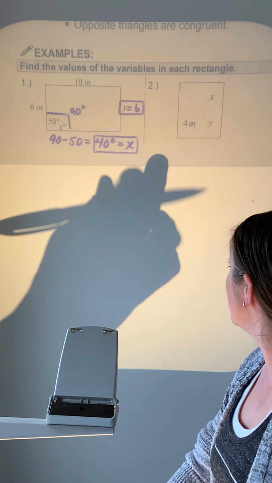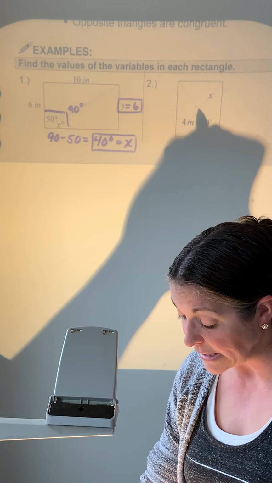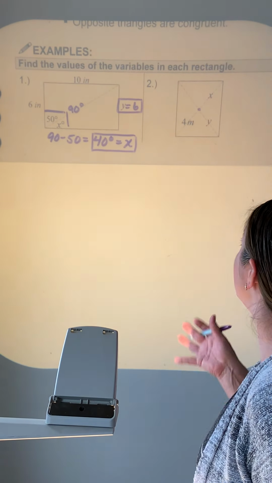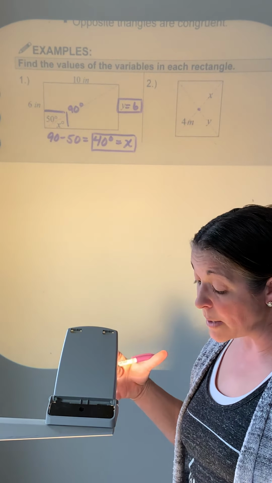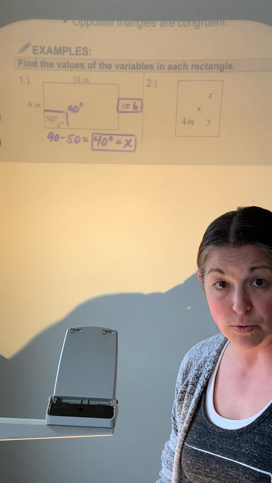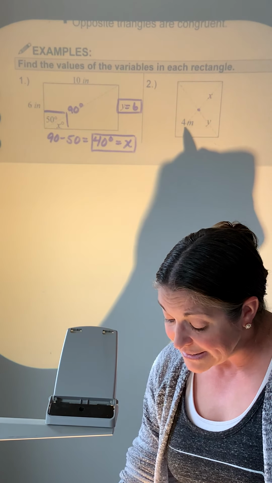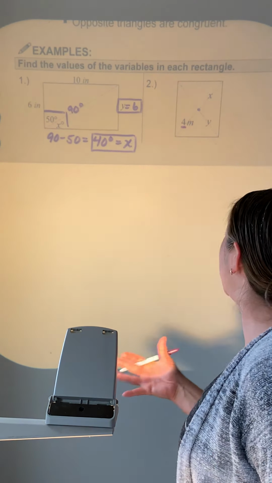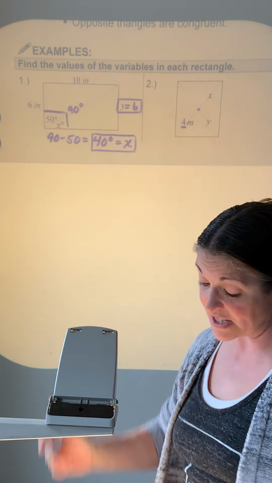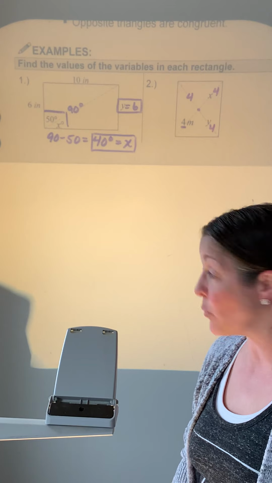And number 2, notice that we've got 2 diagonals here, crisscrossing right here in the middle. Just like we drew in the rectangle up top, I know that these diagonals are going to be congruent. And because the diagonals bisect each other, if I see a 4 or any number on one part of the diagonal, I've got 4s everywhere.